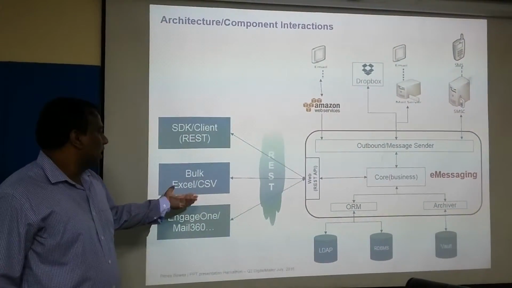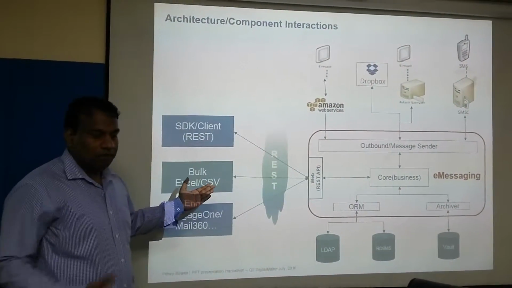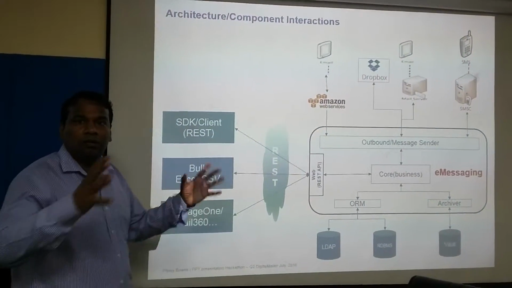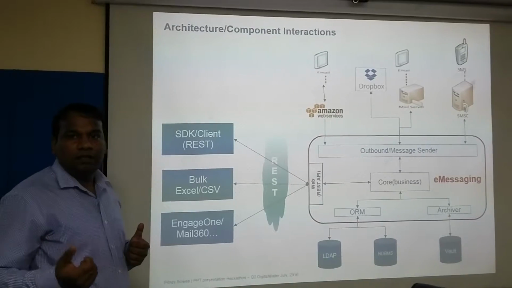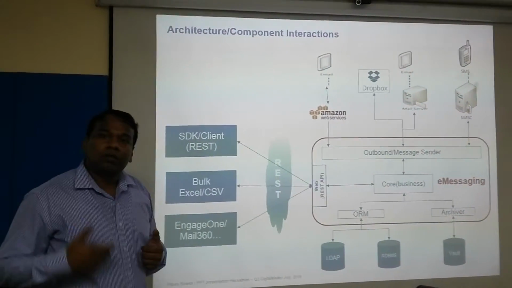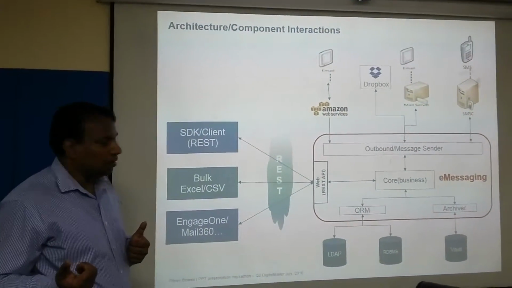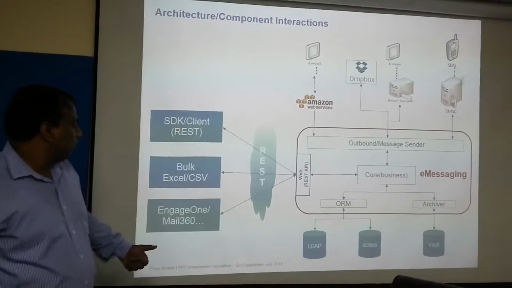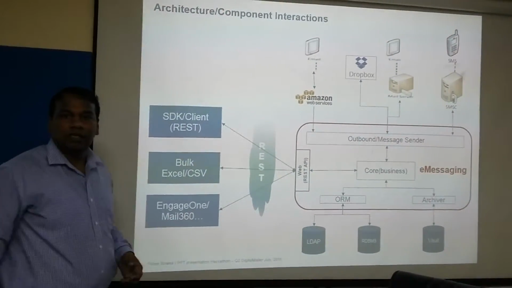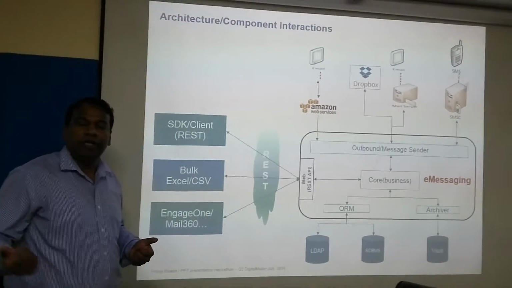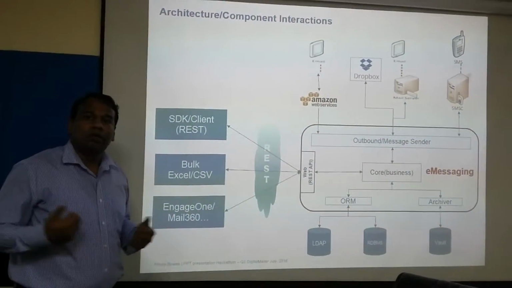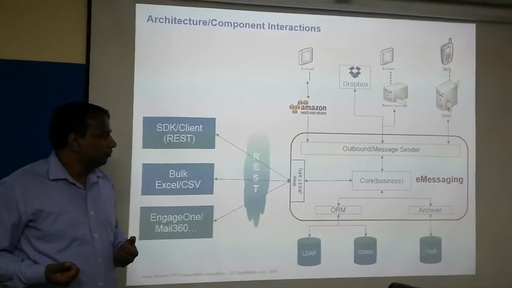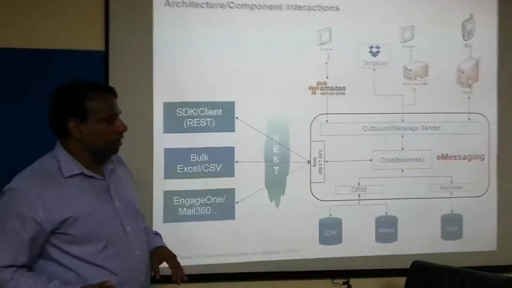Maybe for the bulk Excel CSV data, I'll show you in the demo how these files can be sent to e-messaging using the SDK or through Google REST client. Then other products, Engagement or Mail 360 or maybe Office Mail or even Relay, can integrate with our API for bulk email SMS processing. This is a bit of the architecture.